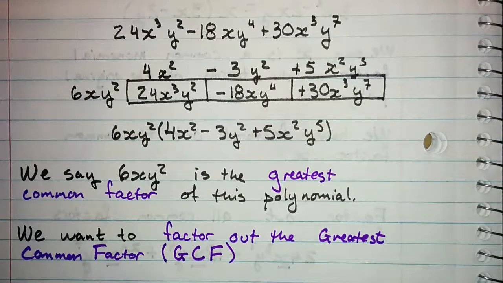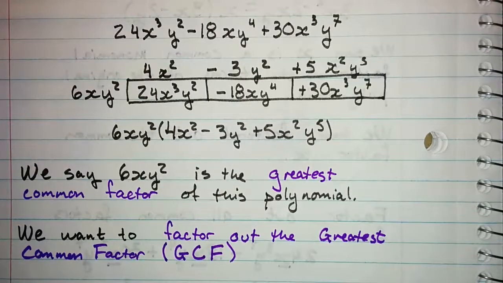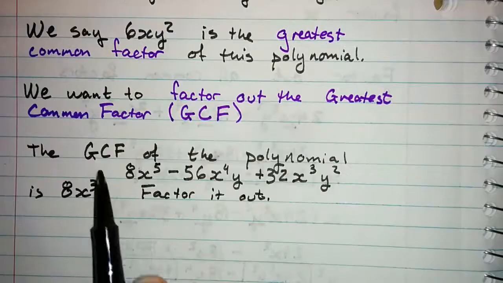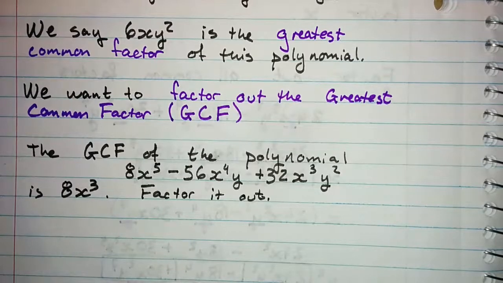In a future video, we'll talk about how we find the greatest common factor. But for the moment, I'm going to have you practice factoring one out. The greatest common factor of this polynomial is 8x cubed. Factor it out and give your answer as a factored form of the polynomial. Pause the video and try this now.